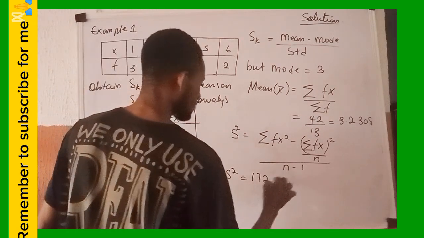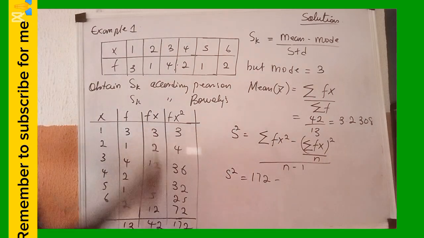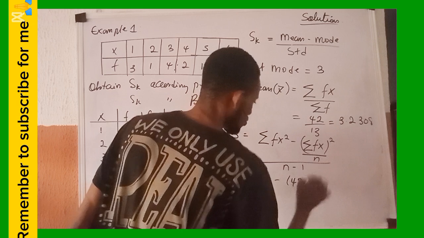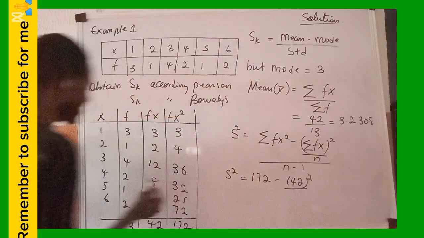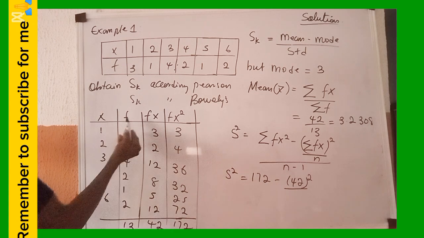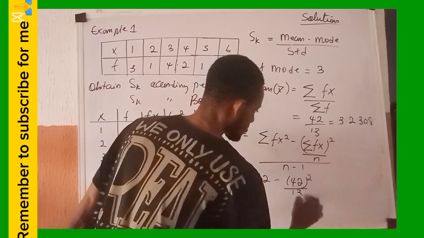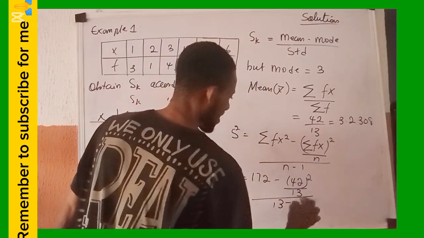You have 172 minus the whole of this fx, which you got earlier to be 42, and you have here 40 what? 2, all raised to power 2, all over N, where N is standing as the total number of persons, which is the sum of the frequencies. So it is 13. So you have here 13, all over 13 minus 1.